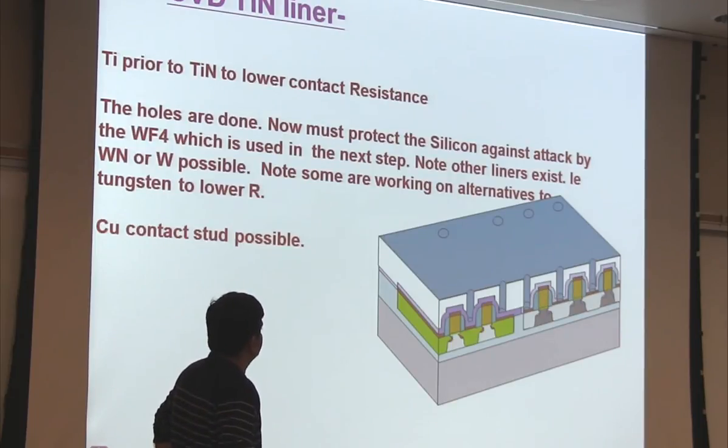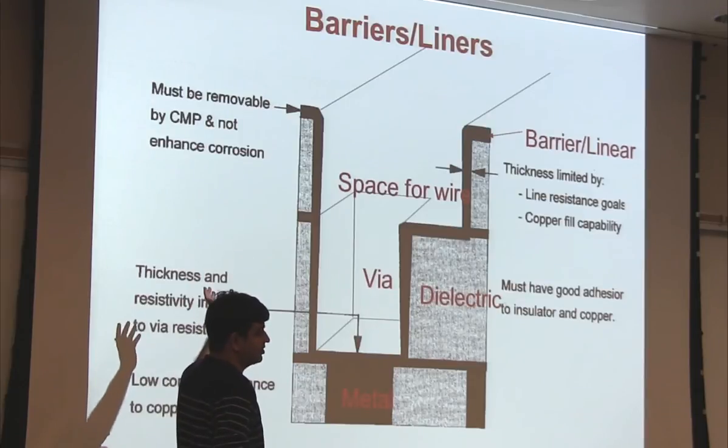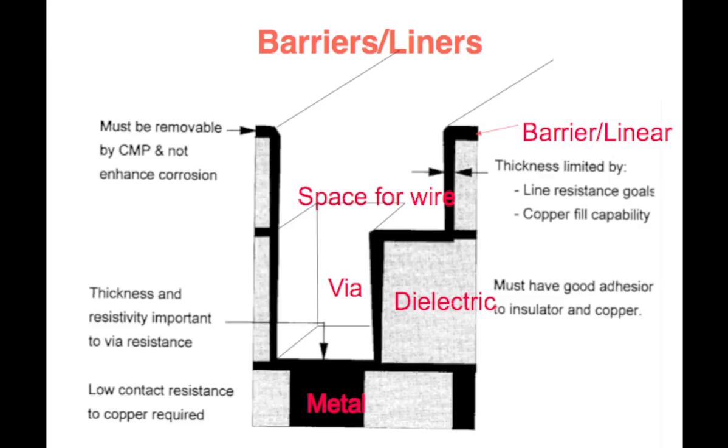So you need a liner which will prevent this precursor from reacting with your oxide. Similarly, later we will be filling things up with copper, and copper is another metal which loves to diffuse into your oxide. So you again need a barrier or a liner material.